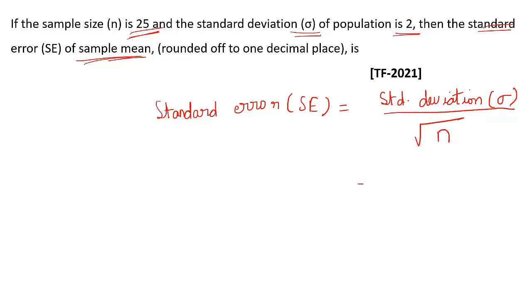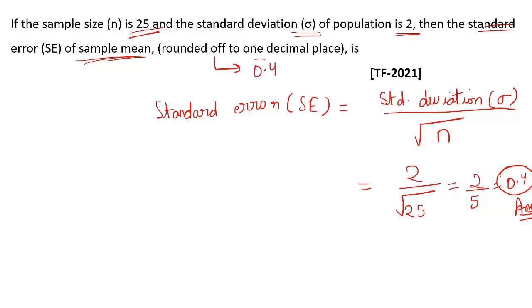Root n is the square root of the sample size, so sigma is 2 and root n means root of 25, which is 5. So 2 upon 5 is equal to 0.4. So 0.4 is the right answer, and you have to write it in one decimal place, so 0.4 becomes the correct answer. I think it must be clear to you. Now coming to the next question.